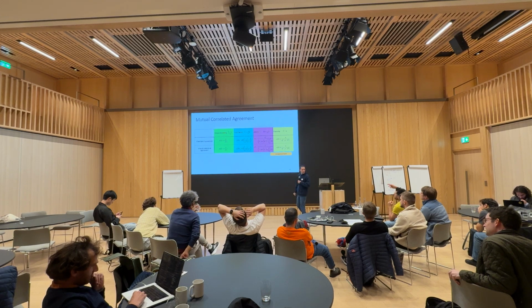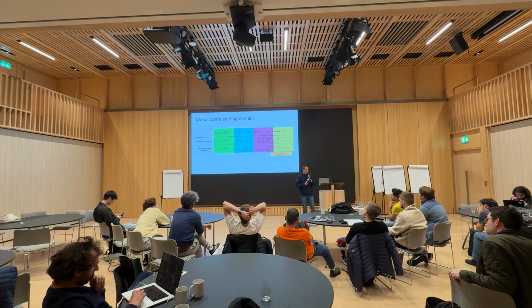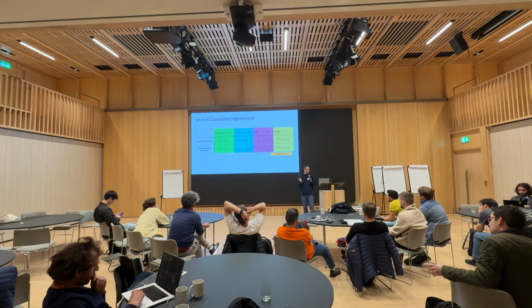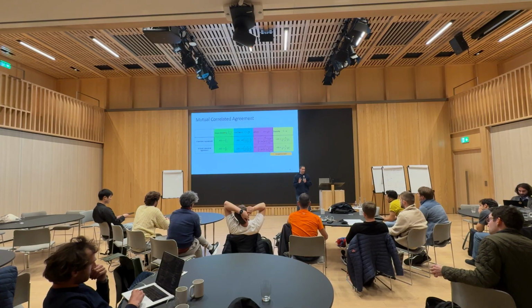And the fact that the errors are the same in both correlated agreement and mutual agreement, is it proven or conjectured? In the general statement, I don't know anything here. Mutual and correlated might have different errors. It happens to be that we can prove both with the same error, which maybe hints that they're equivalent, but I don't know how to show generically that they're equivalent.